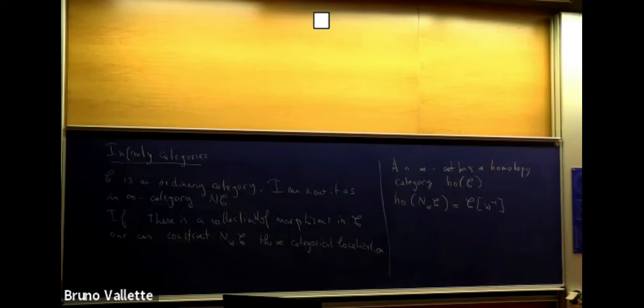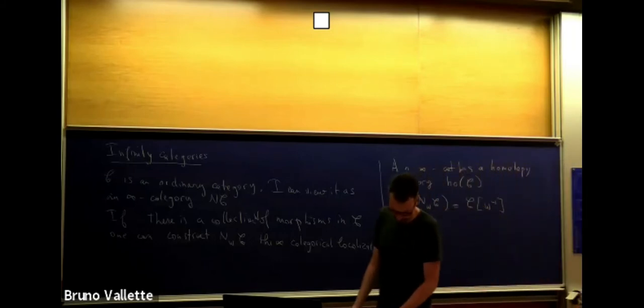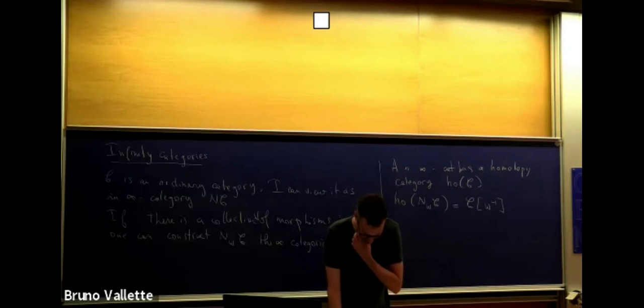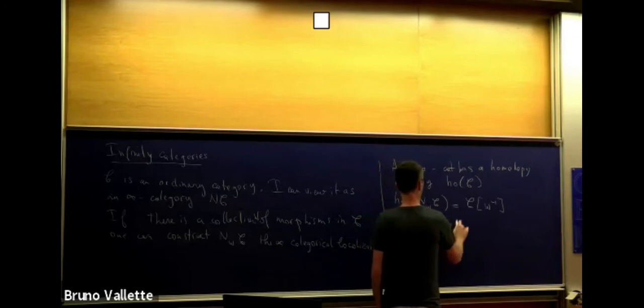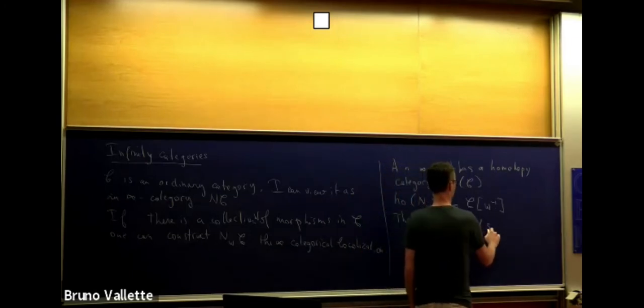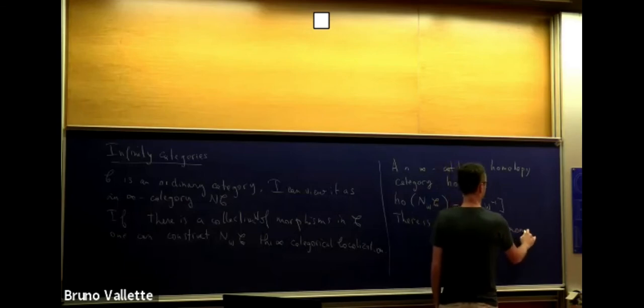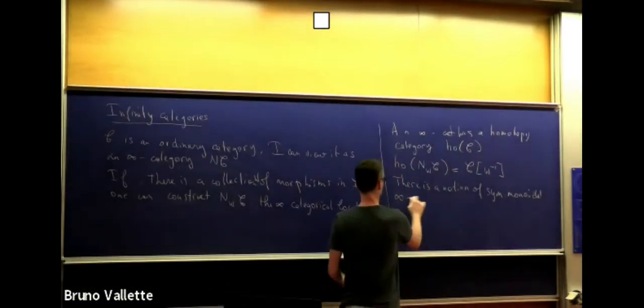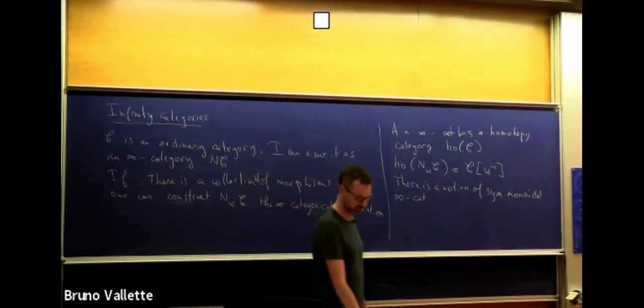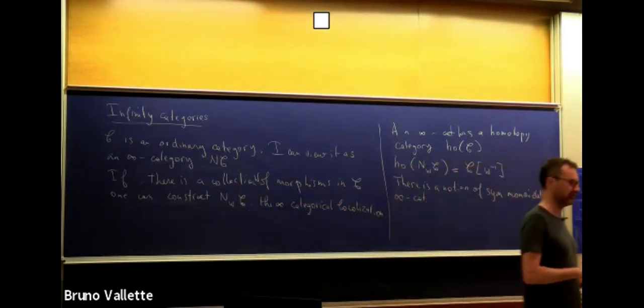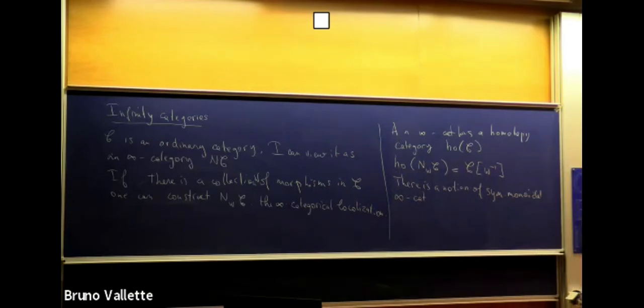Yeah, one thing also that I'd like to say is you can talk about symmetric monoidal infinity categories. Well, that's not so difficult. Essentially, it's based on a much older idea of Segal that you can encode infinite loop spaces by what's called Gamma spaces.